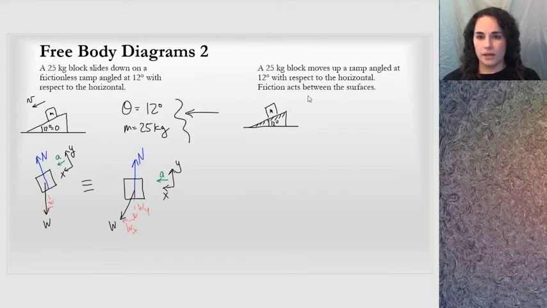Okay, and I'm going to note that there's friction. I'm not given a value, but when I draw the free body diagram, I will take it into account. So I'll draw the angled one first. The weight will be downward, and the normal force will be perpendicular to the surface, always perpendicular to the surface. And now let's draw the friction force in there.